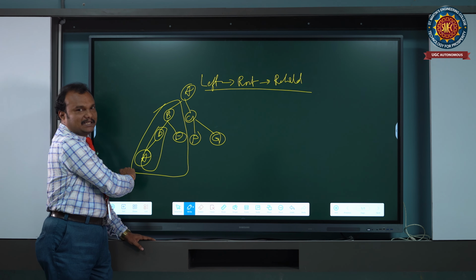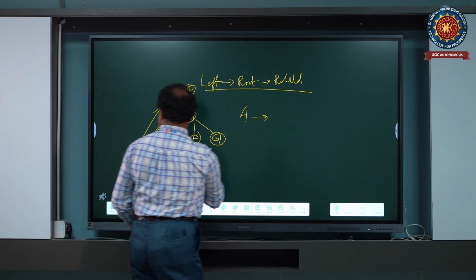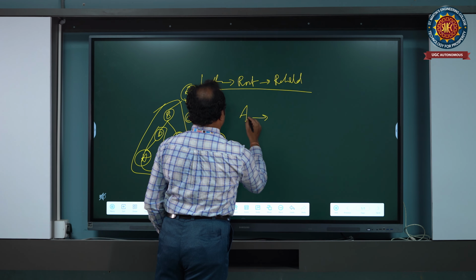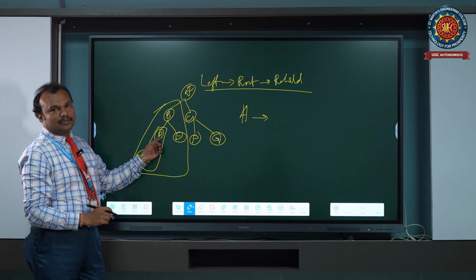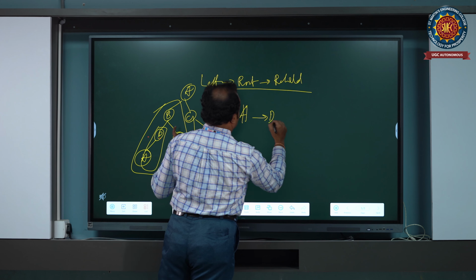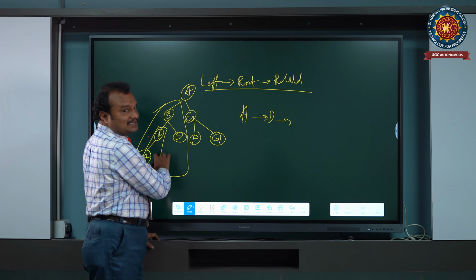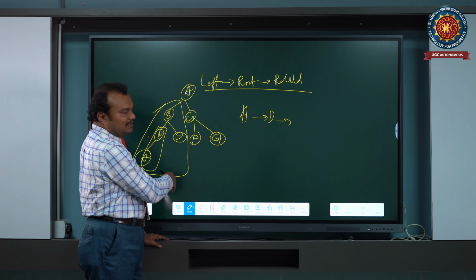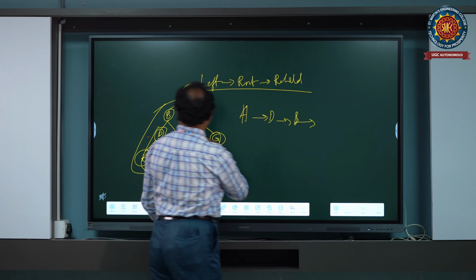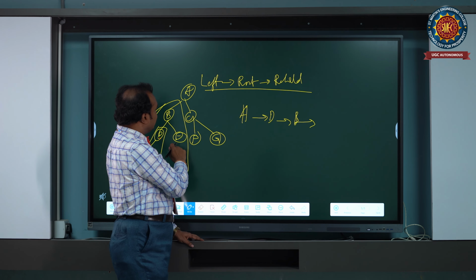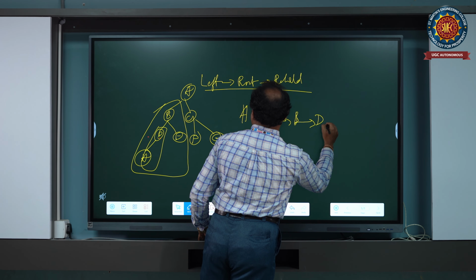In this left sub branch, again it will print the leftmost node, that is H. After H, it goes to the root node and prints the root node D. After that, it would print the right child, but it does not have any right child, so it goes to the root node, that is B. After that it comes down and prints the right child of B, that is E.